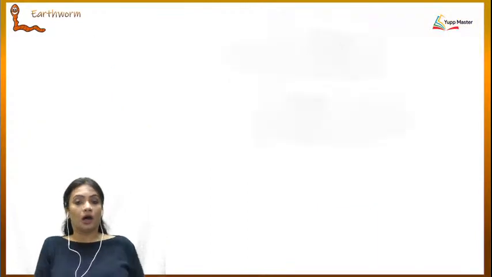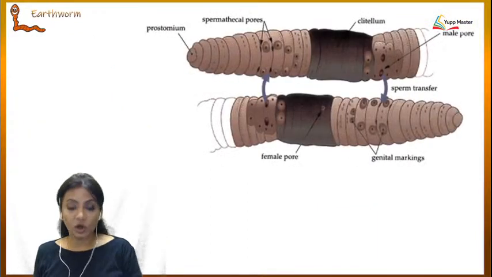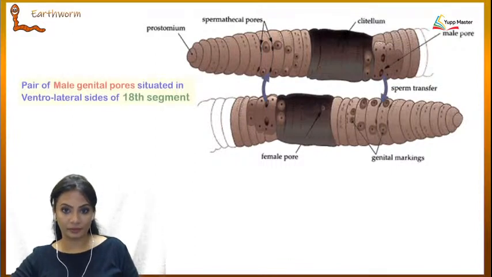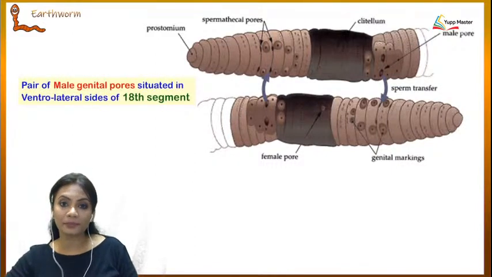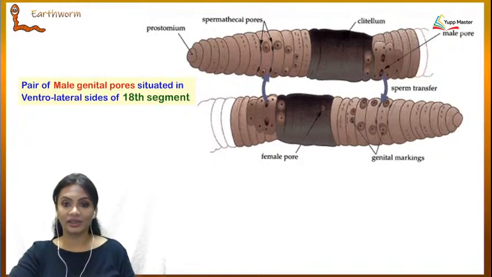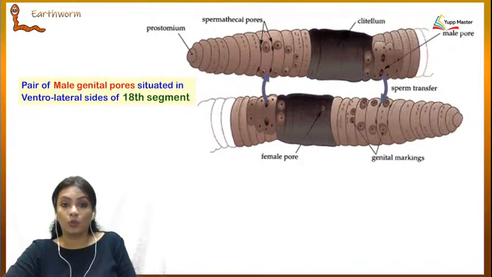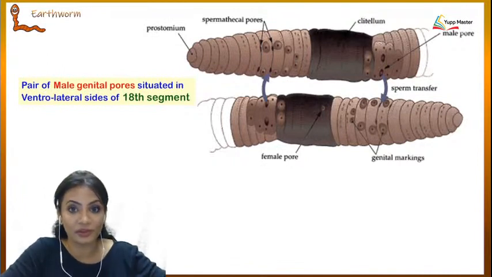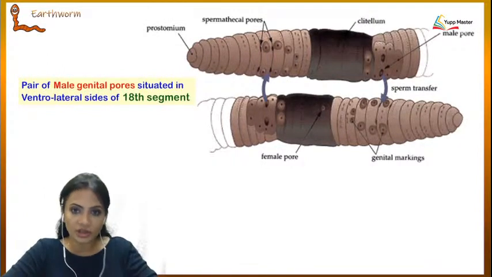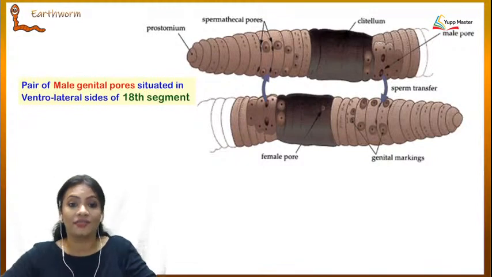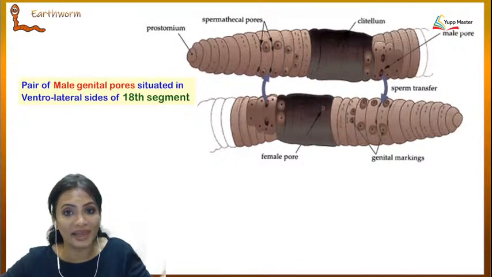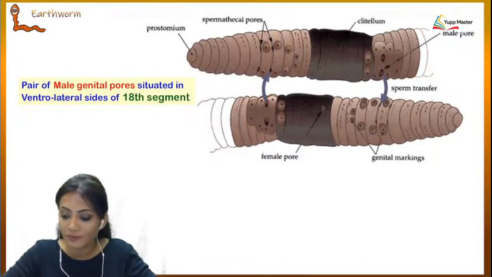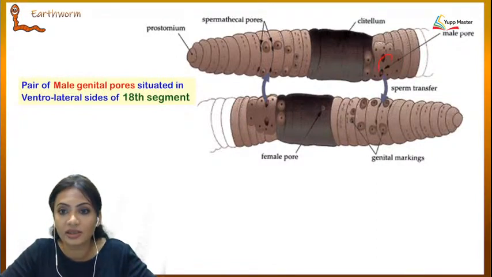Alright, continuing further on the ventral surface, along with these spermathecal apertures, we also see the presence of the genital pores. Now what are these genital pores? These are through which the gametes will be transferred. First and foremost, we see that there is a pair of male genital pores. Look at where this male genital pore is, right over here. Can you see this region here?